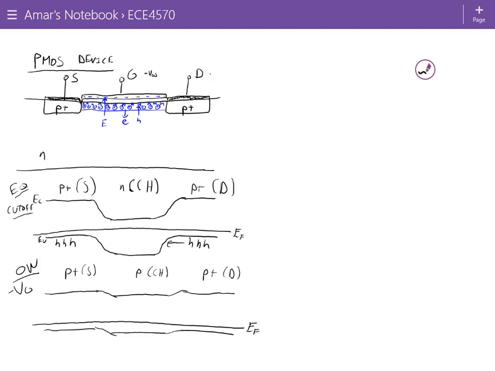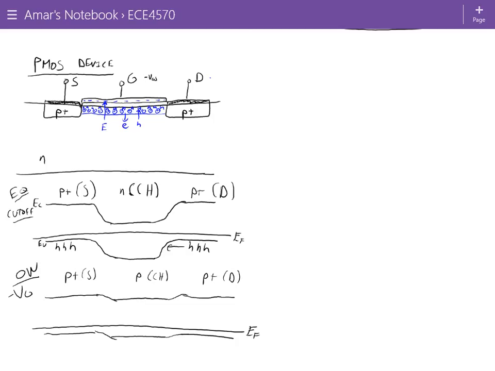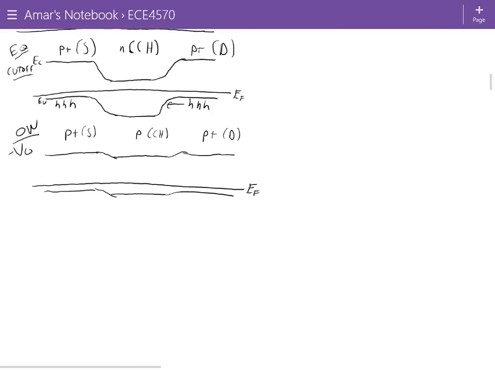So you're not applying any voltage relative to the source, channel, and the drain. You're applying it at the gate, which is disconnected from this region. So if you were to apply a voltage between the drain and the source, then you're going to end up with a situation like this, where you have your Fermi level maybe here.